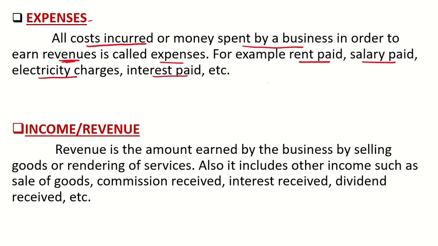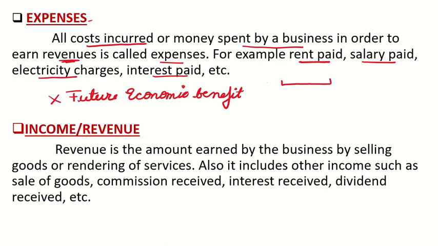Now one thing to remember here is that expenses do not have future economic benefit. For example, rent paid. Suppose we have used a space of land for a month.